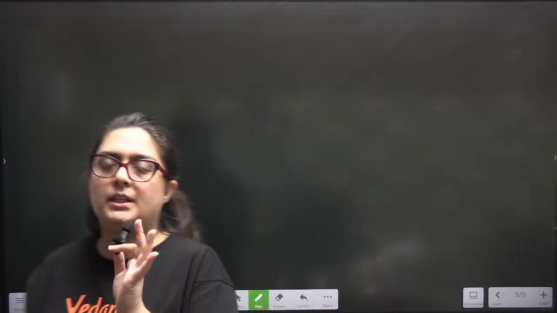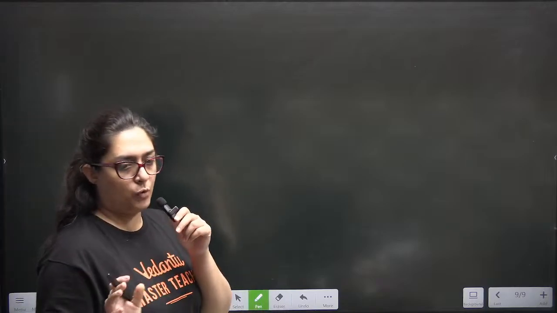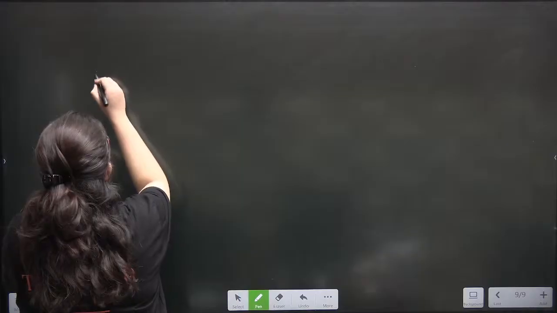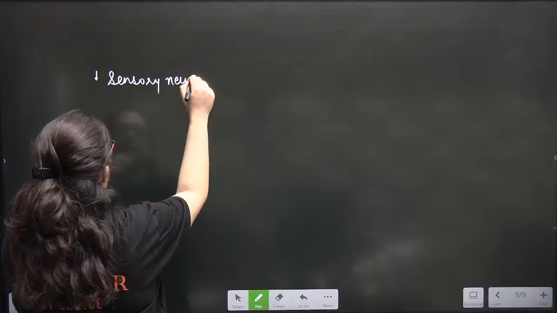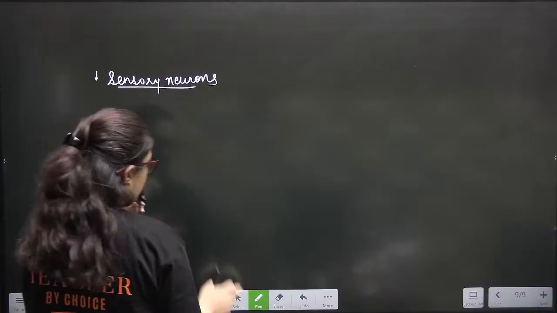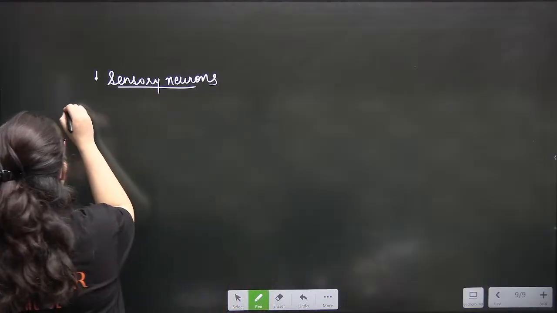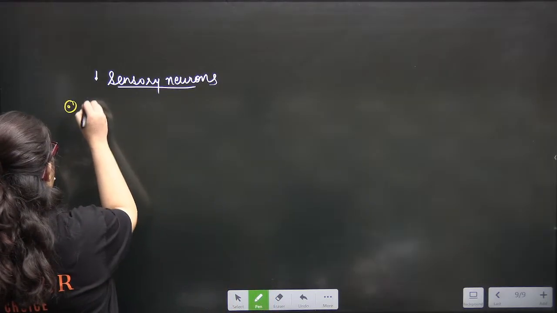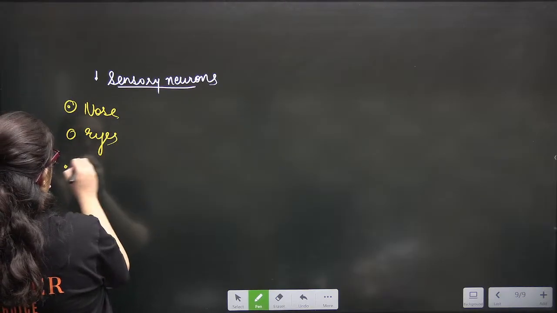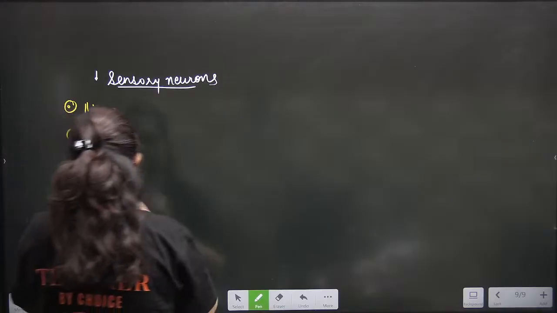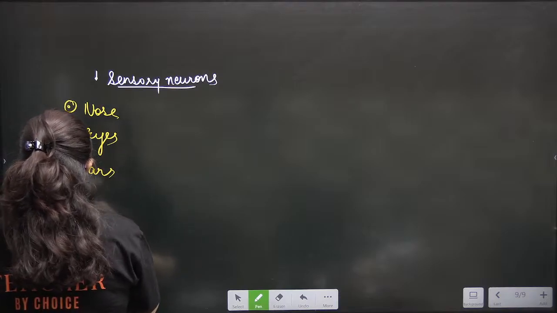Now, if we consider the types of neurons, how we are dealing with sensory and motor neurons. What are sensory neurons? They carry the stimulus from the sense organs like our nose, eyes, ears, tongue, and skin.